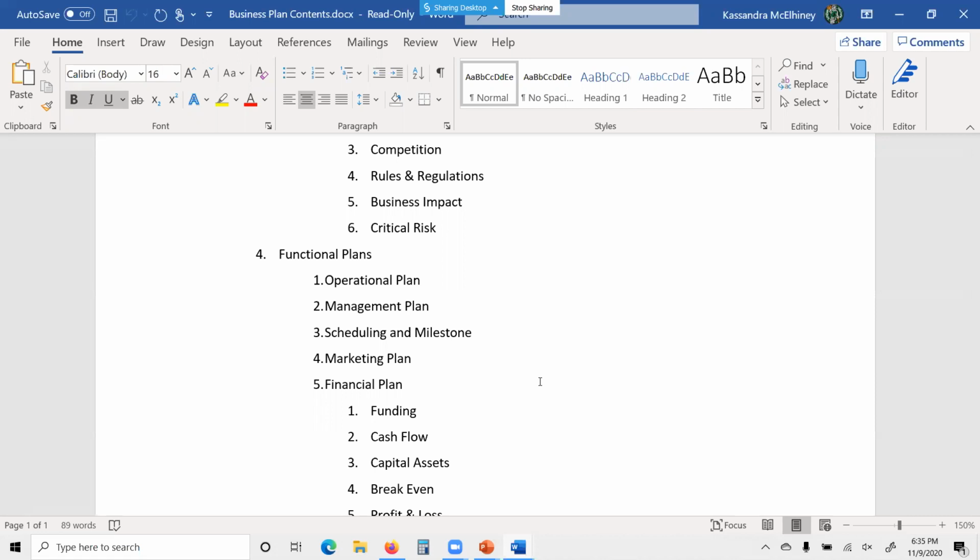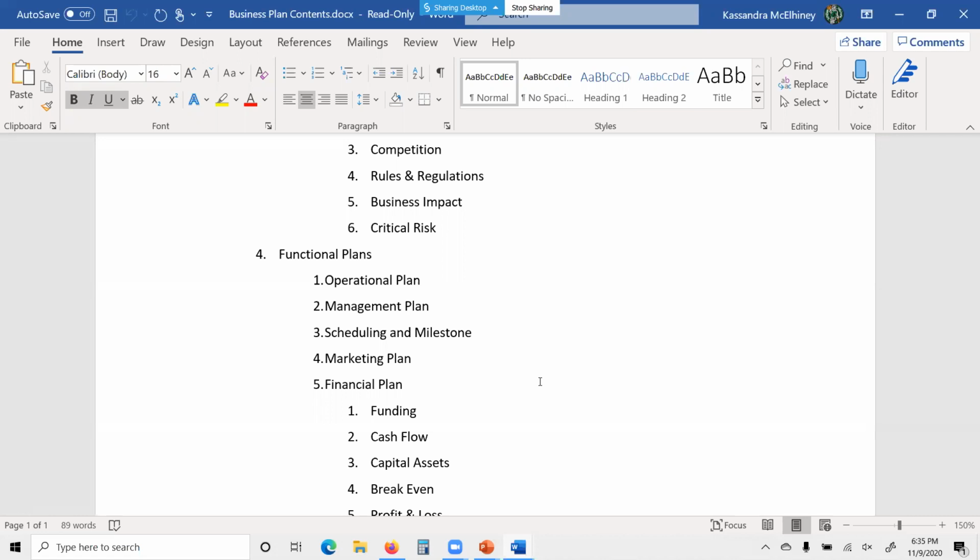You're going to have an operational plan, which states how the operations are going to work. Management plan, you might have some management diagrams in here, and a little bit of a description and narrative on the management flow. There could be some scheduling and some milestones presented, and we'll talk about those too.